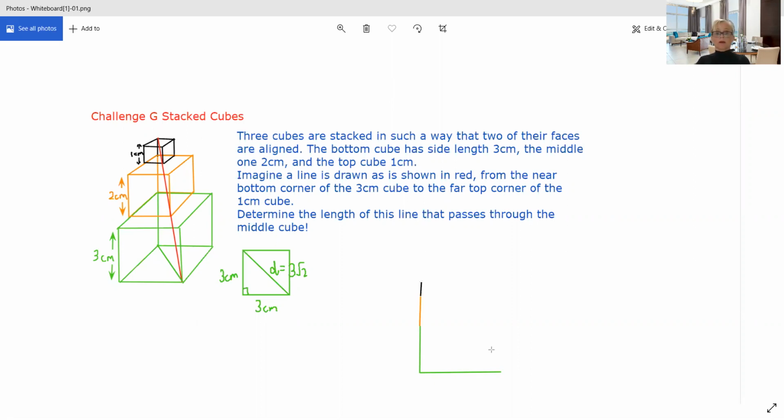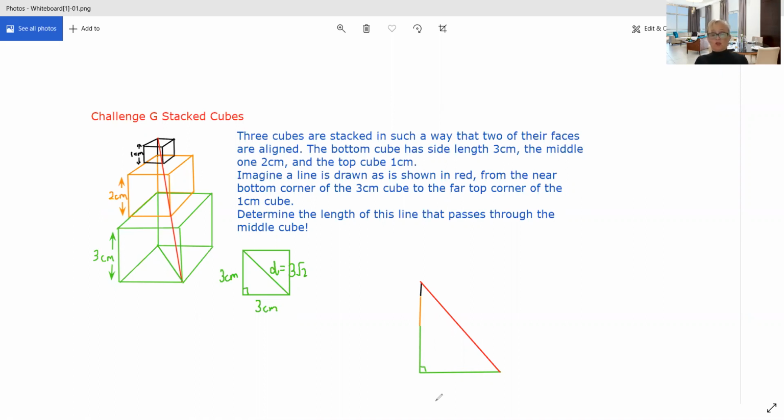And our red line comes all the way down here. And we know that this is a right-angled triangle because, well, this is horizontal and this is vertical, and it's safe to assume that between horizontal and vertical you have a right angle.